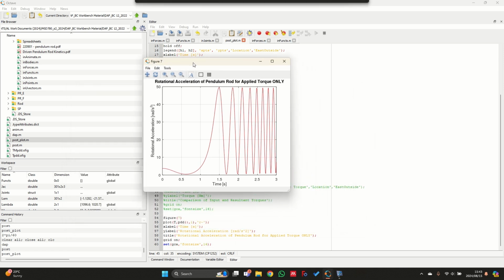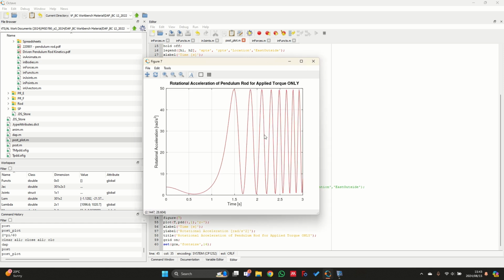However, the important one is then the rotational acceleration of the pendulum rod. So previously, we saw that since we specified a rotational driver, the value was constant at 2 pi over 60 radians per second squared. So something happened to ensure that we have a constant rotational acceleration for the entire duration of the motion.